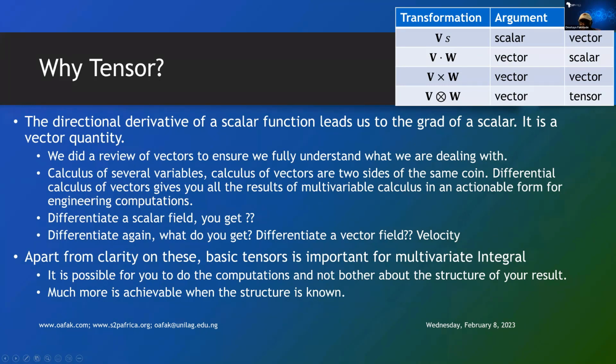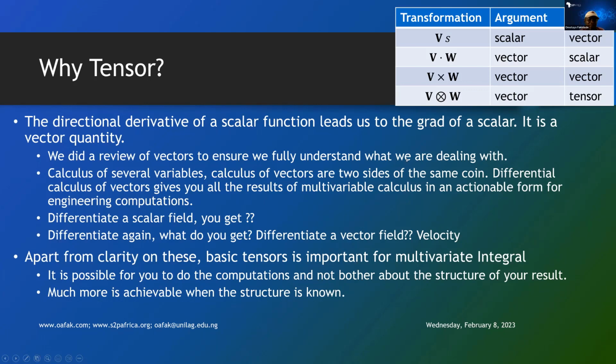Then there's another transformation here, which we call a vector product. What is inputted is a vector, and the output is also a vector. So a vector can transform in all these ways, where the result can be a vector, can be a scalar, can be a tensor. The first three are clear to you. The last one, I think I mentioned it in multivariable calculus.